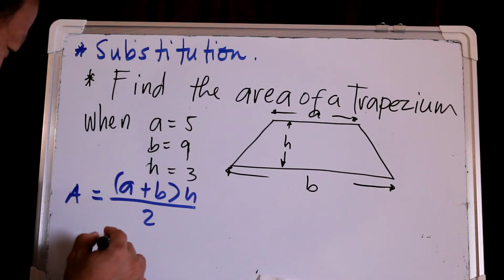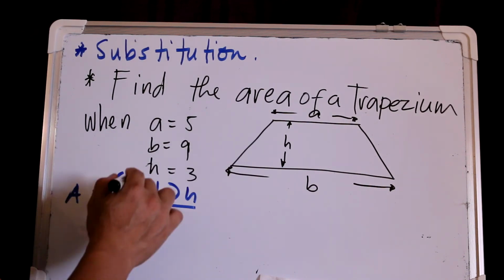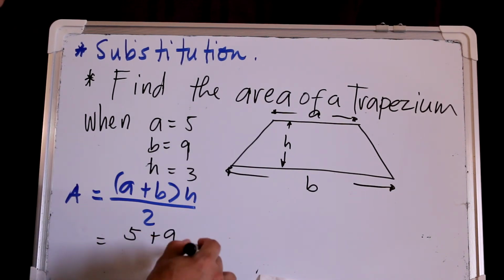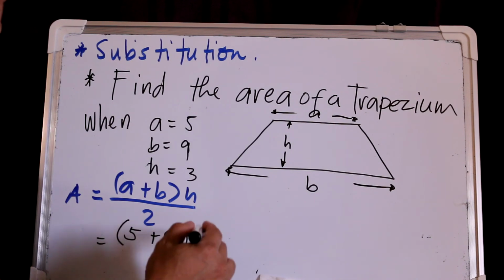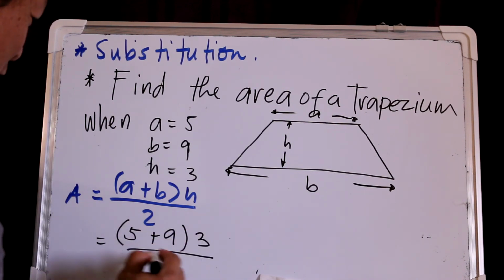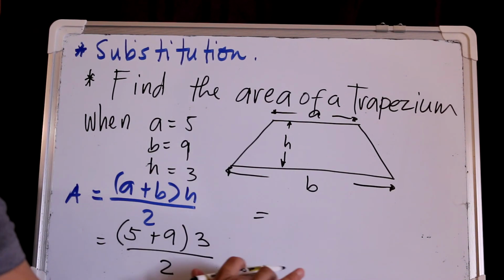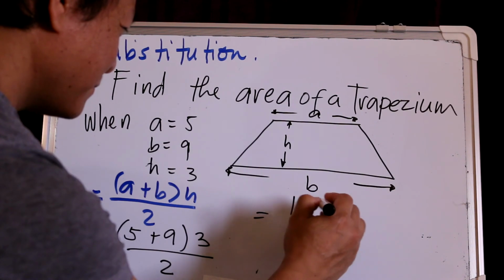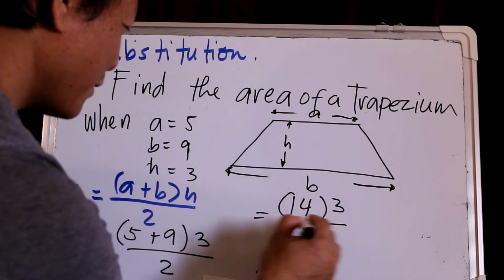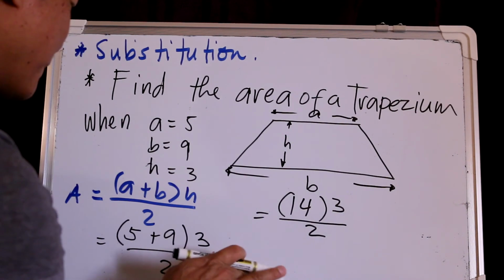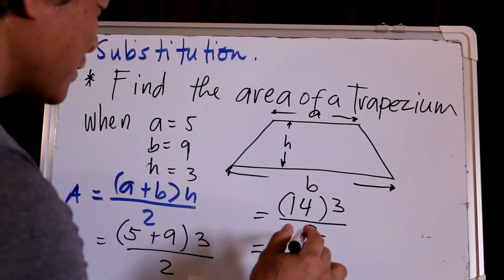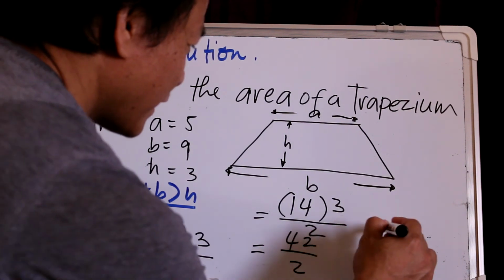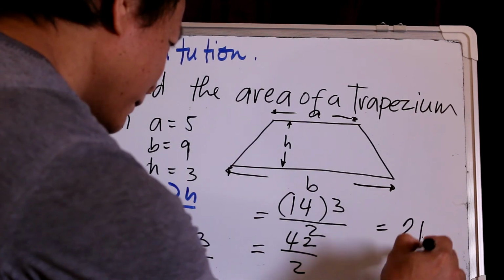If A equals 5, that means 5 plus 9 times 3 over 2. You will have 14 times 3 divided by 2, and then 42 divided by 2, and the answer would be 21.